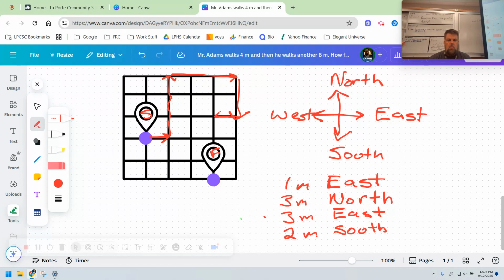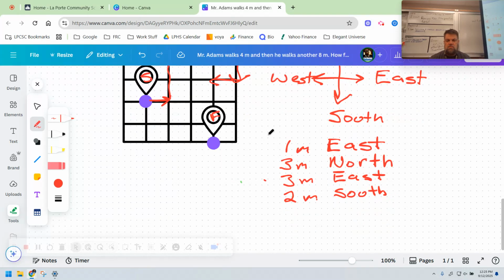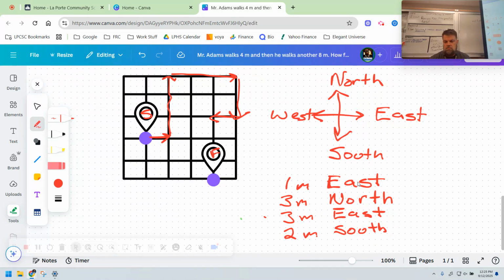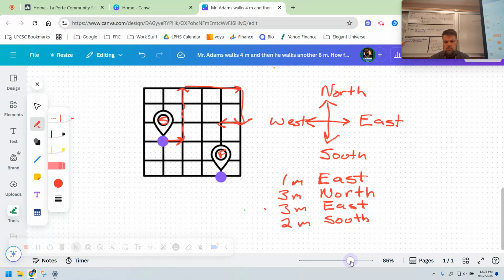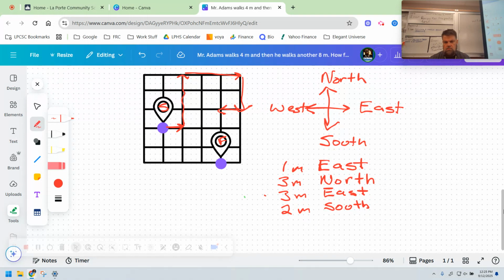Then I'm going to go 1 meter west. Then 1 meter west again.